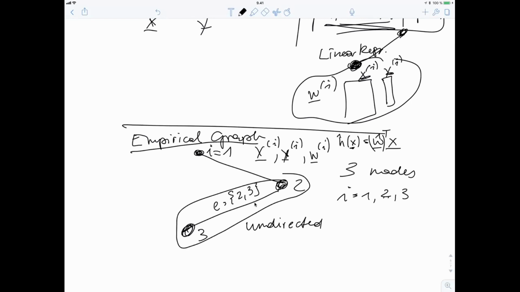So if node 3 is in a relation, I will talk about in a second what this means, with node 2, then node 2 is in relation with node 3. This might not always be sufficient. So this is just one type of model. And in some applications, you would like to have asymmetric relations to model like causality. But this is beyond the scope of this course.